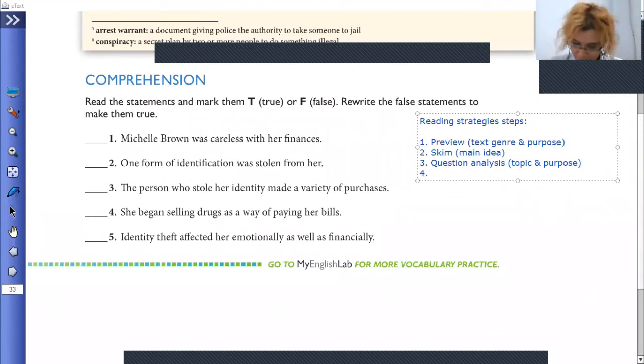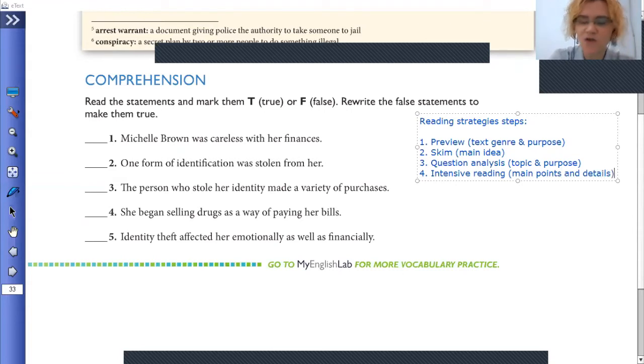Yeah. After that, we have something we call intensive reading. Intensive reading is where you're really closely engaged with the text. In this case, you focus on the main points and important details.